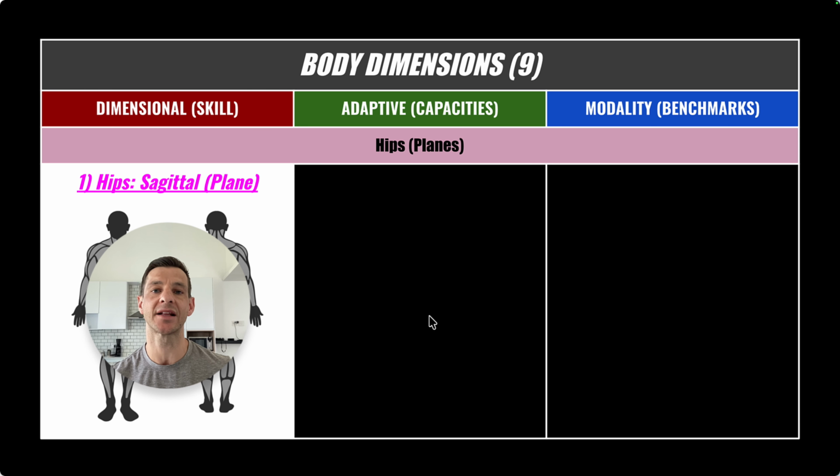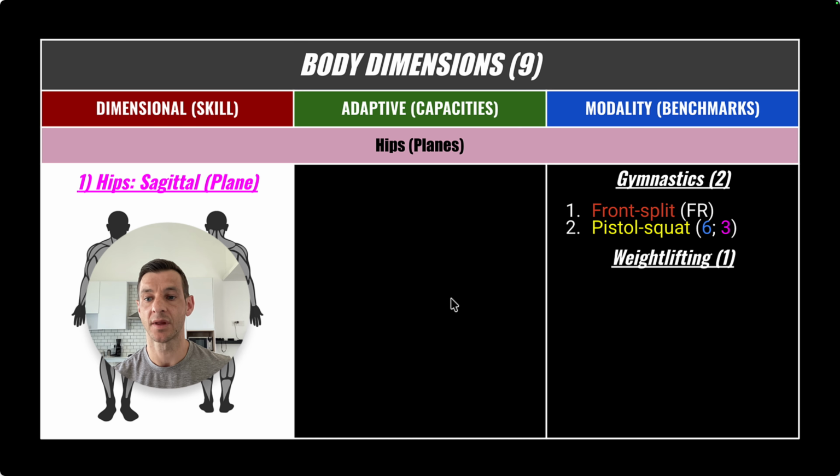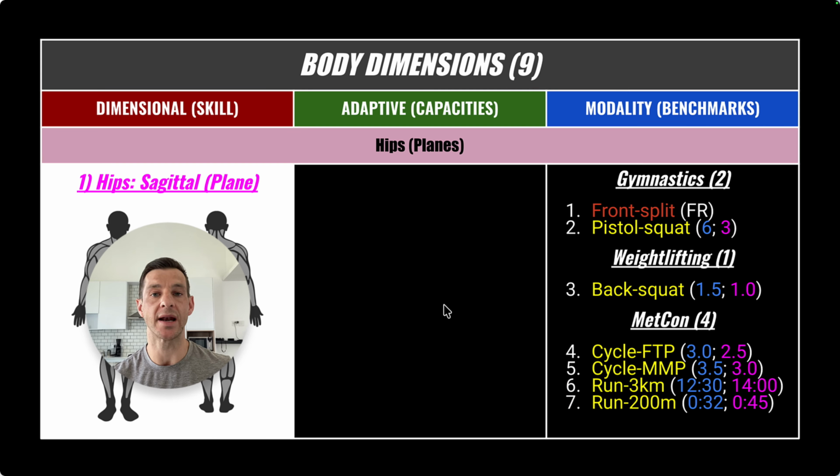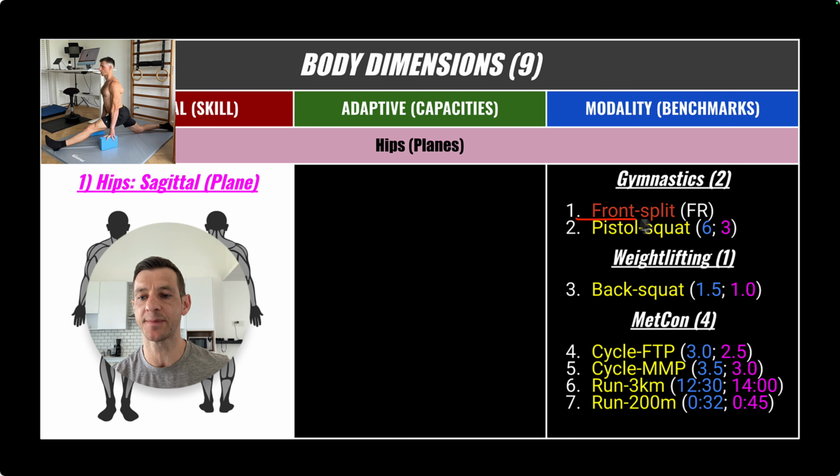Okay, so let's take a look at the first 2 out of the 7 benchmarks related to this dimension. So in the first category, we have gymnastics. So that is the front split and the pistol squat. In the weightlifting category, we have the back squat. And for Metcon or metabolic conditioning, we have cycling and running. Coming back to the front split, FR stands for full range.